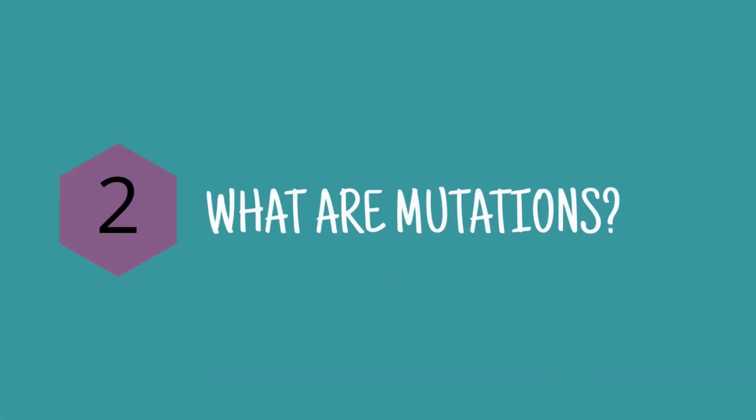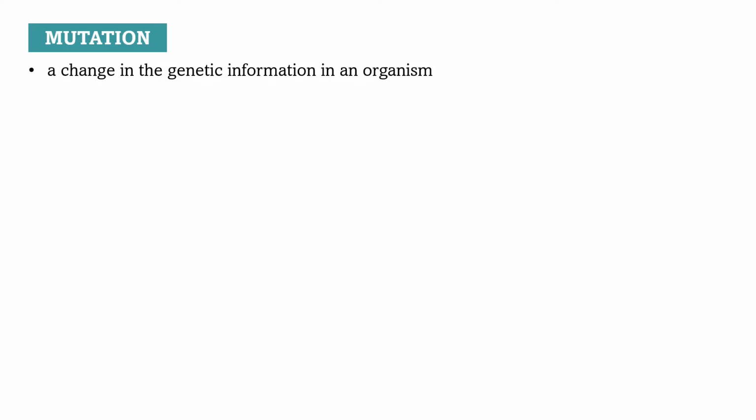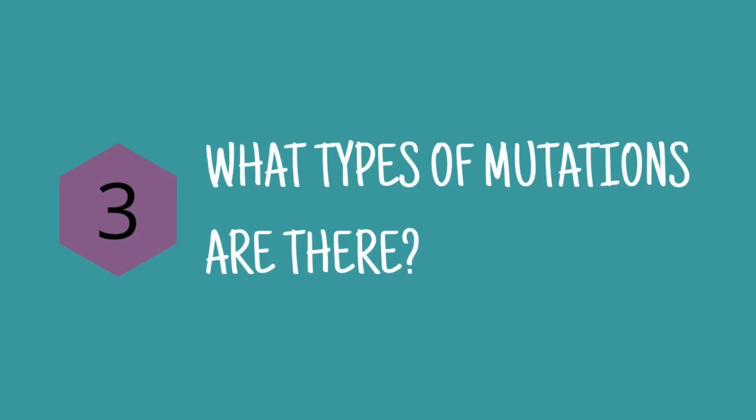So what are mutations? A mutation is a change in the genetic information in an organism. For example, when a sequence of cytosine, guanine, adenine gets changed into adenine, guanine, adenine, we talk about mutation. Now, there are many ways by which mutations are classified.